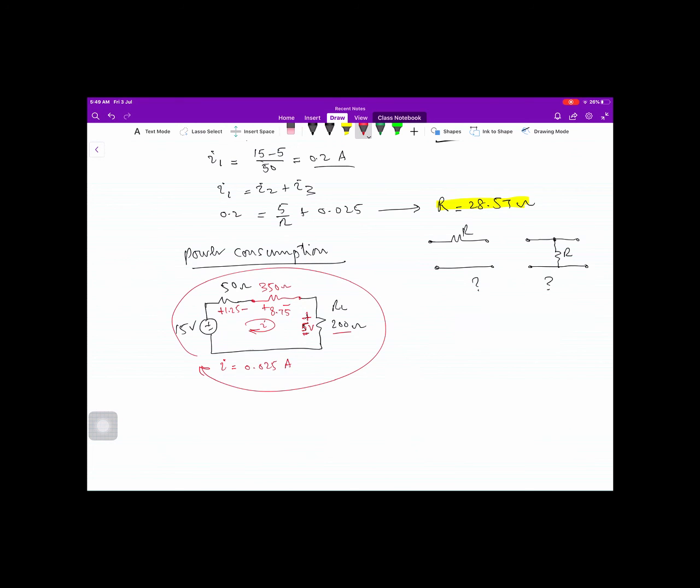We have a 15 volt rise if we start from here, and then the drop across 50 ohm resistance 1.25, the voltage drop across 350 ohm 8.75, the voltage drop across the load of 200 ohm resistance is 5, and if you add these, it should be equal to 15 volt.